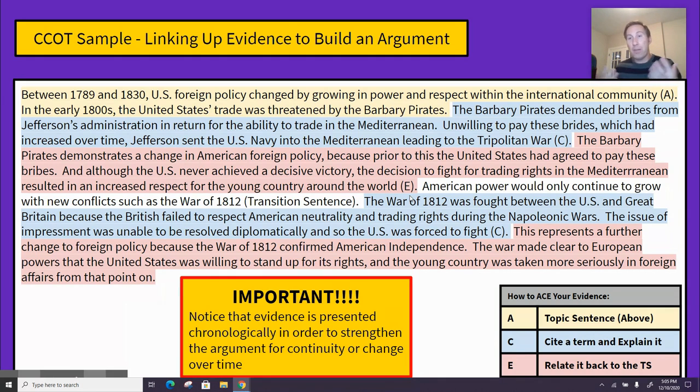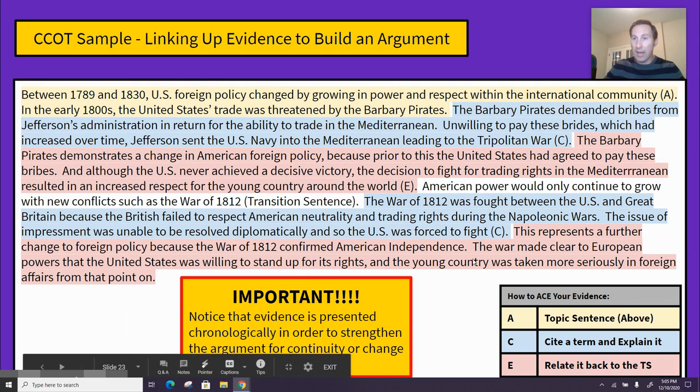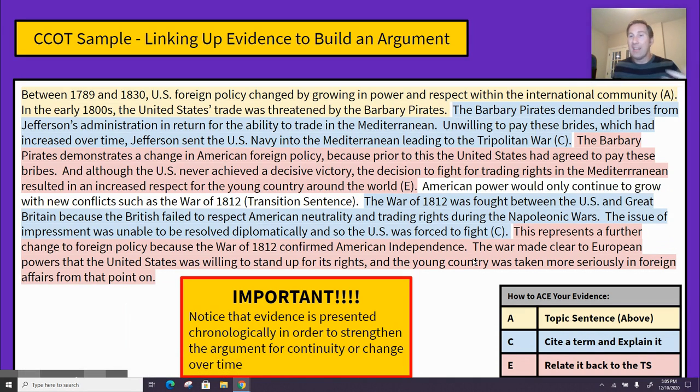Okay? And don't be afraid to be obvious with it. I'm using clear words like this demonstrates a change. That's okay. There aren't technical points in this class, so it doesn't matter how many synonyms you use. It doesn't matter how fancy your language is. The most important thing is your analysis. Do you have really good analysis? Do you have a depth of thought? The actual words that you use just need to be incredibly clear.